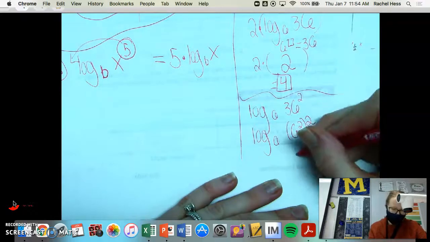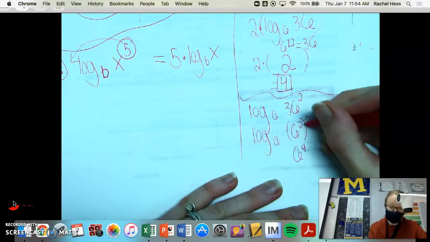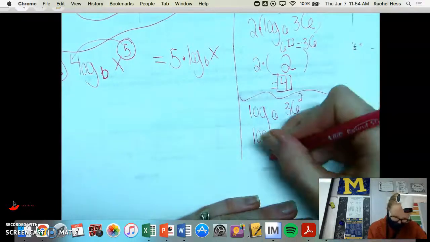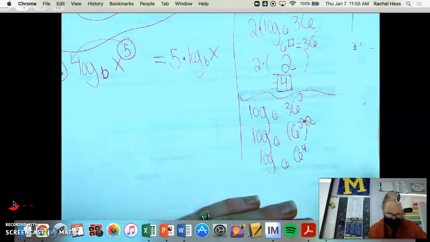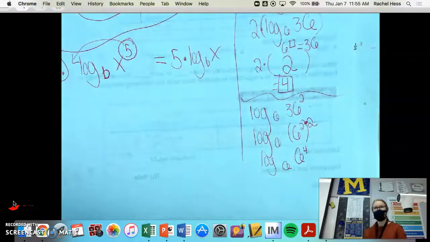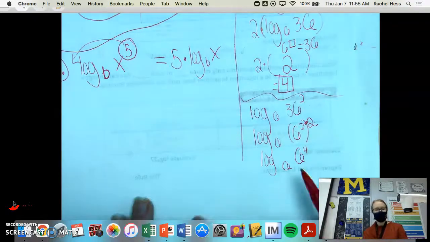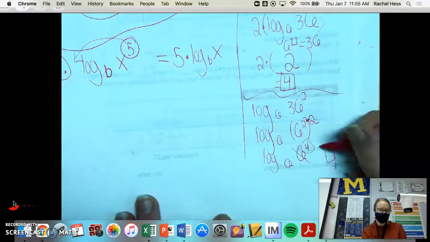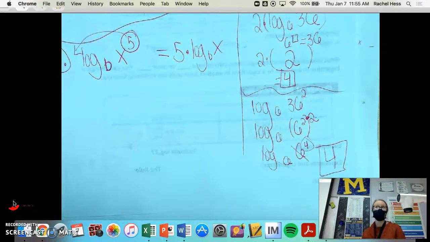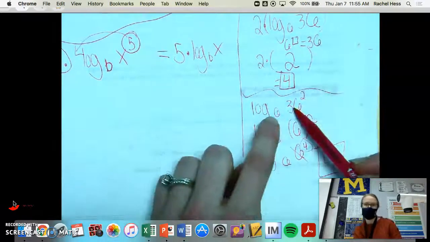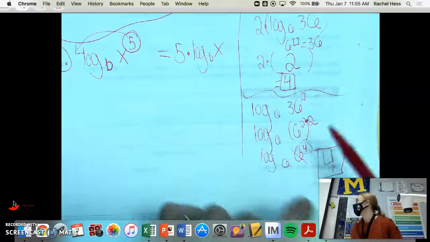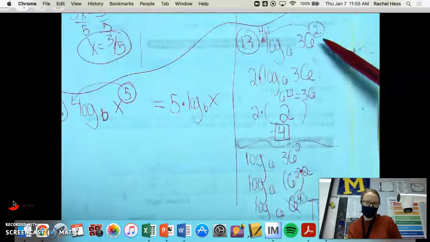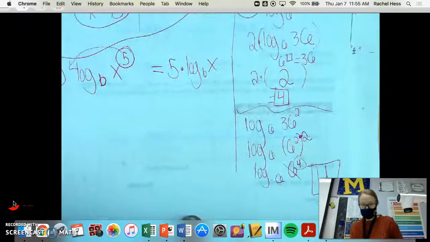So using exponent rules, a power to another power means I have to multiply those exponents. So I'm going to get log base 6 of 6 to the 4th power. What can we do when these match? They cancel and my answer is 4. Sometimes fancy stuff happens when these numbers can be simplified to be the same base. If you like it, great. If you don't, stick with the cool fancy thing of bringing that exponent out front, right? Okay.